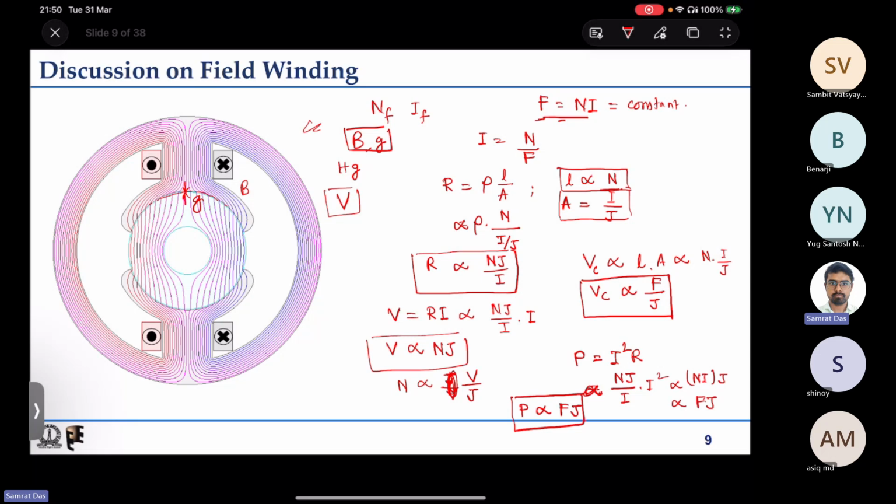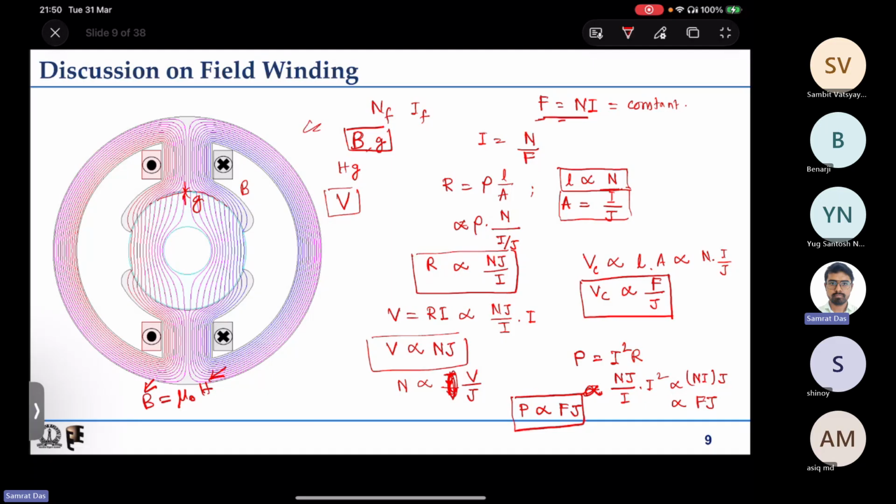Now I will revisit the whole thing once more. Suppose we have decided on the flux density that we want to have in the air gap, that is, B is fixed, and we have some fixed G, the air gap length. So B and G are fixed. As soon as B is fixed, because in the air gap B is nothing but mu naught into H, we know H is also fixed.